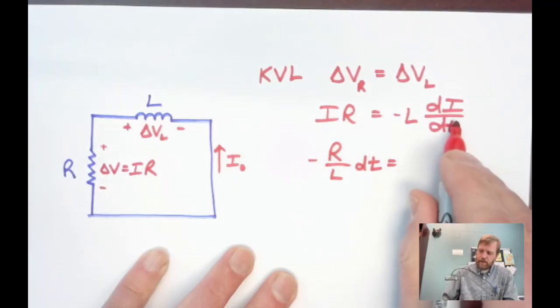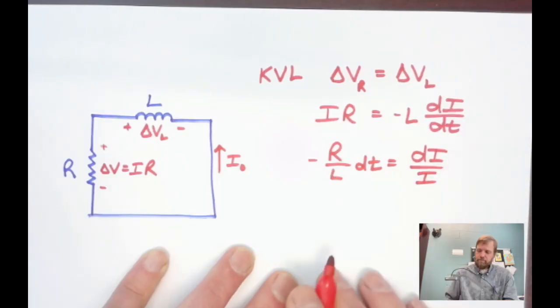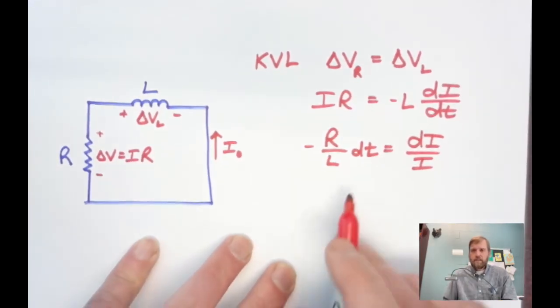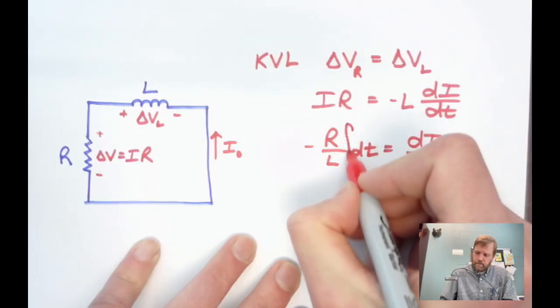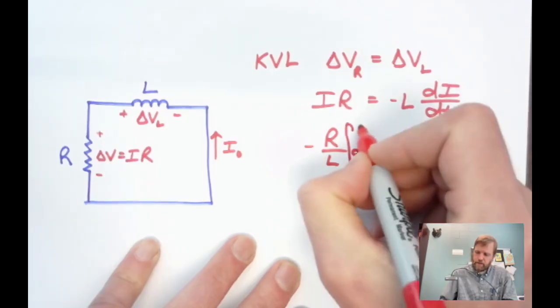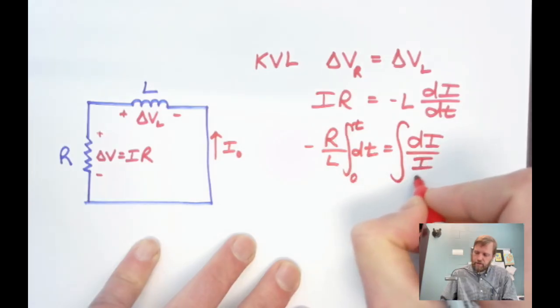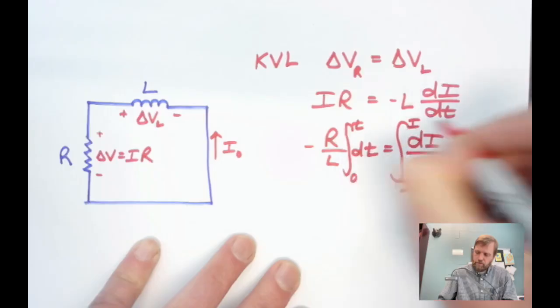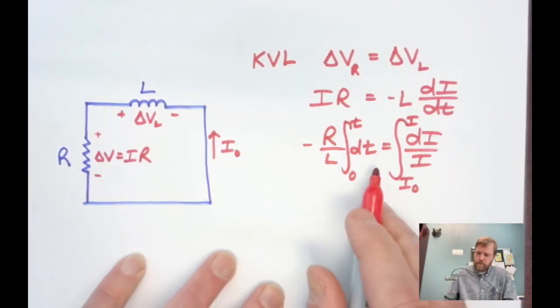This is solvable simply by integrating both sides. I'm going to integrate from some time 0 to some time t, and from some initial I to some final I.